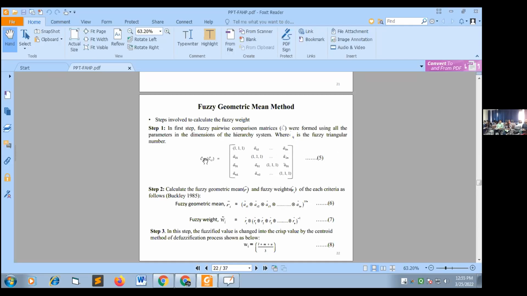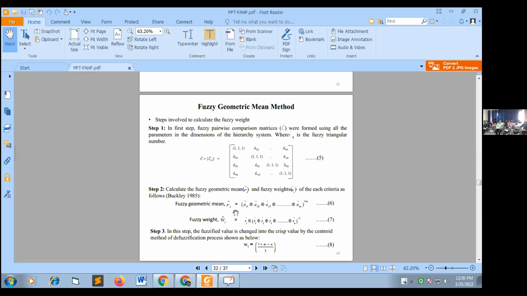So that Cij, we are taking the parameter here, the triangular fuzzy numbers. So make the comparison matrix like that.